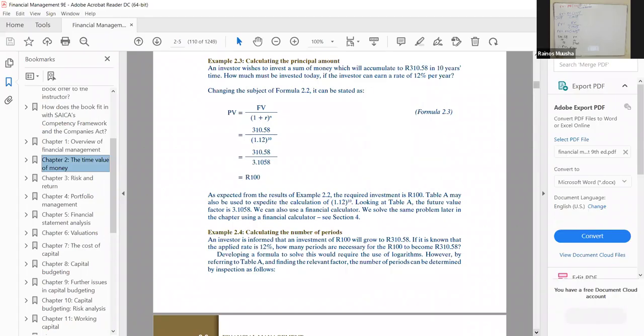So looking at this example, they tell us that an investment of 100 Rand will grow to 310.58, right? Earning an interest of what? 12%. So now they say, how many periods are necessary for 100 Rand to become 310.58?